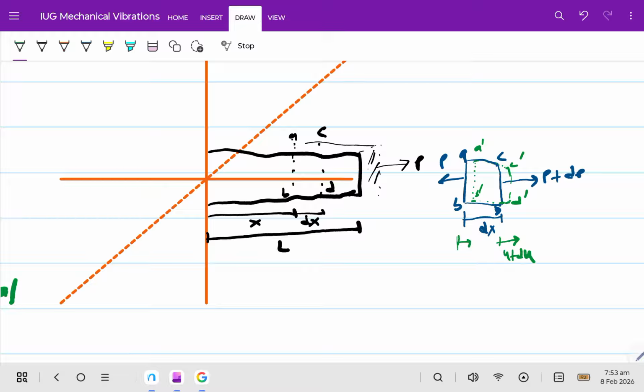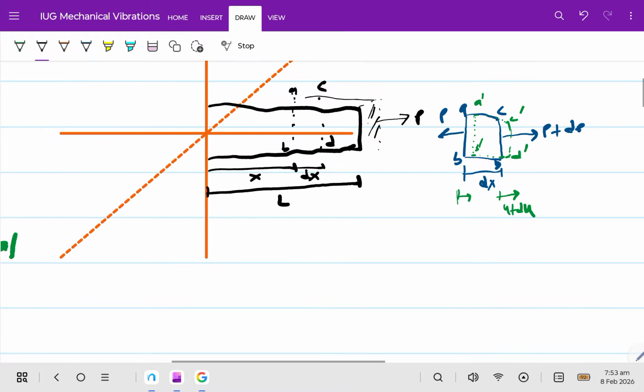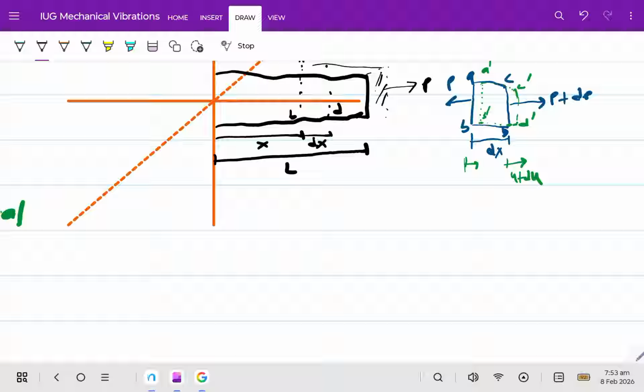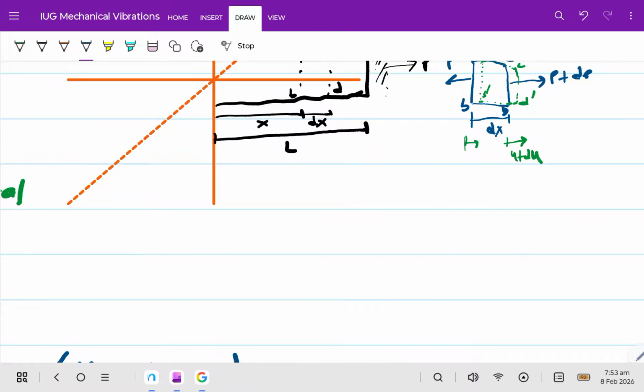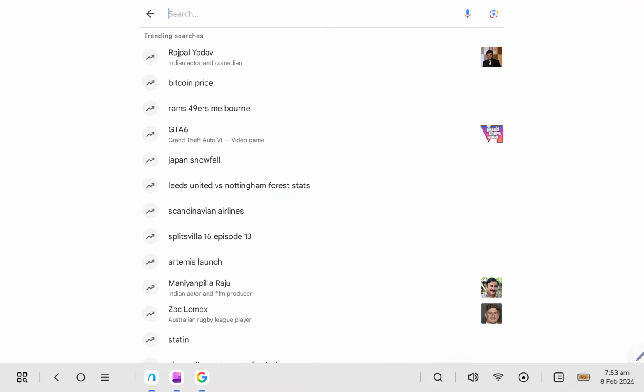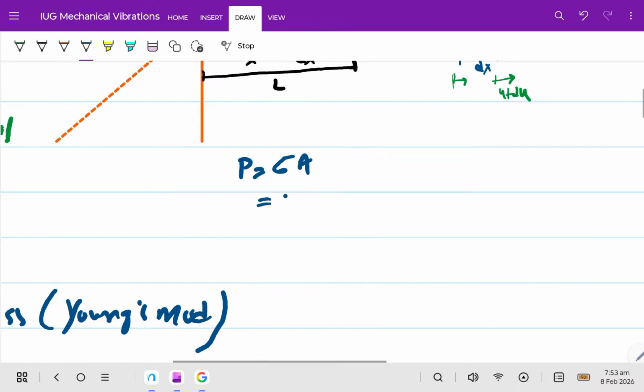If we try to write down the equation of motion for this vibration of beams, first of all we have to define the pressure here. We know the pressure is equal to stress into the area, and the stress is equal to Young's modulus into the strain, that is partial U over partial X. That's the change, the kind of strain in the beam.